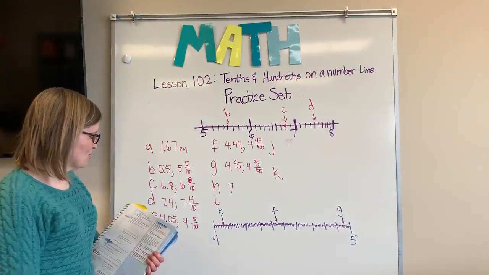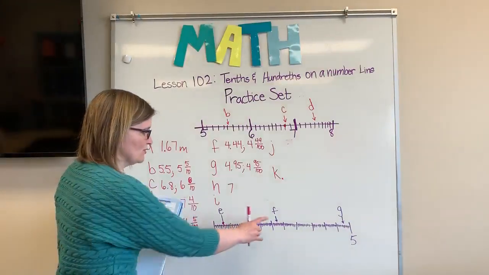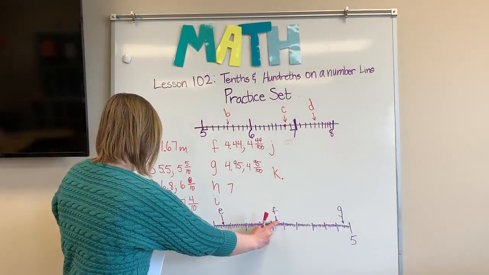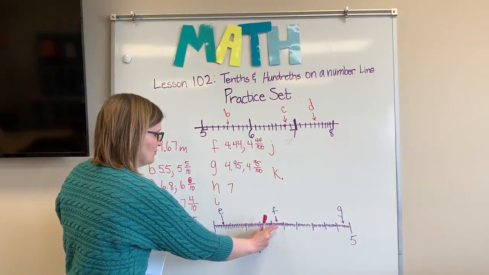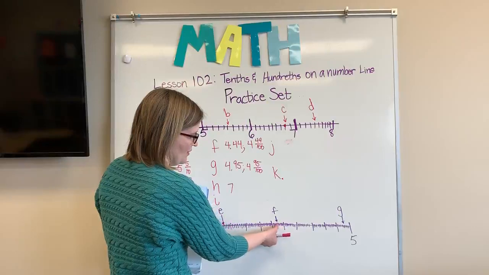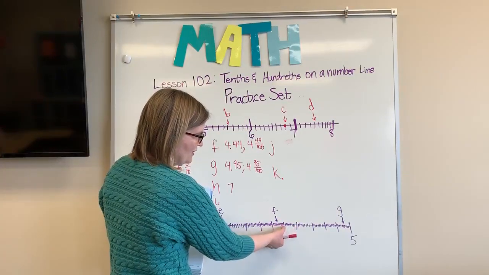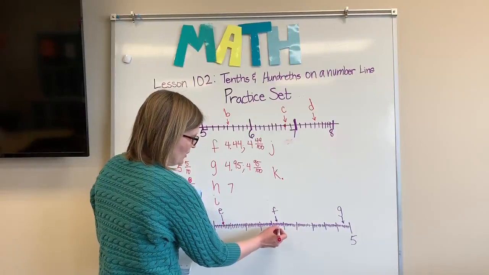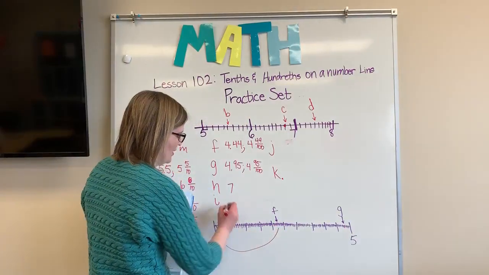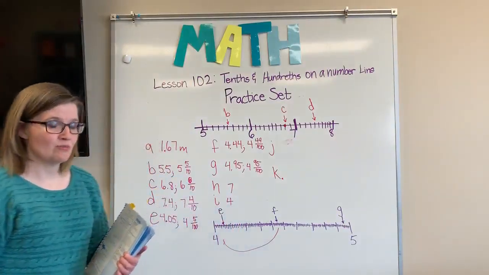I, they want us to round 4 and 44 hundredths, which is right here, to the nearest whole number. Now, because it is not greater than, it's less than the 5 or the 50 over 100, we round it down, and so it rounds to 4.